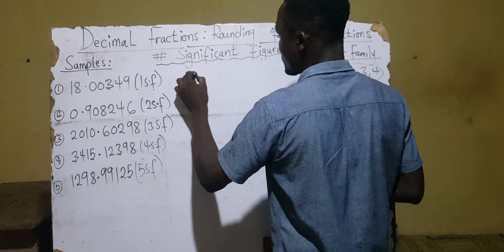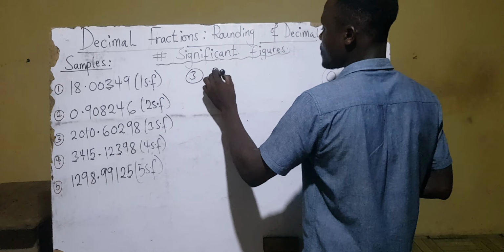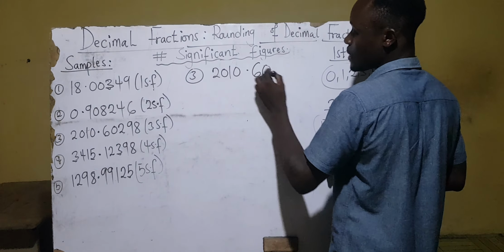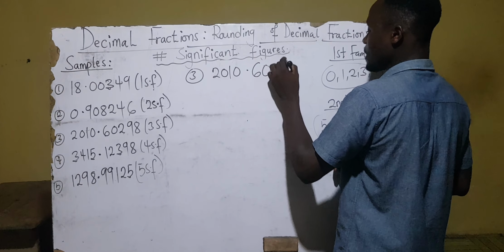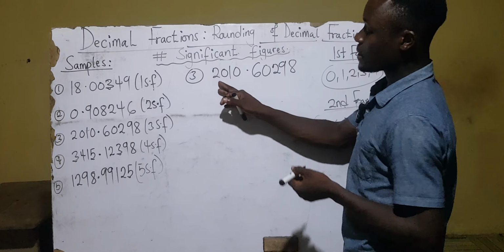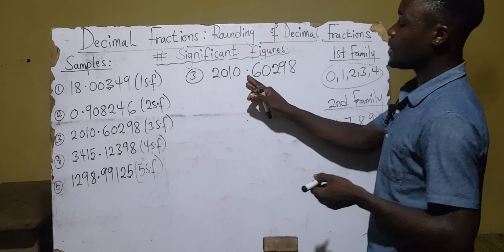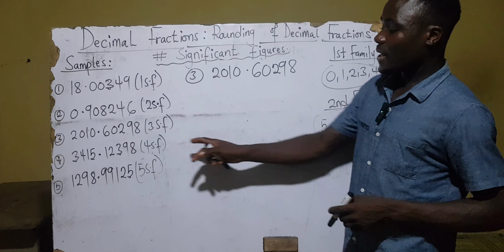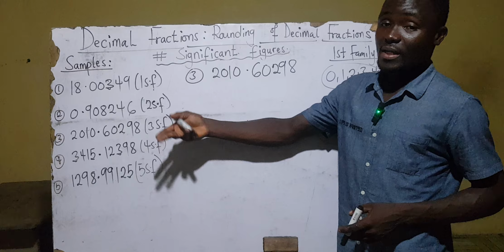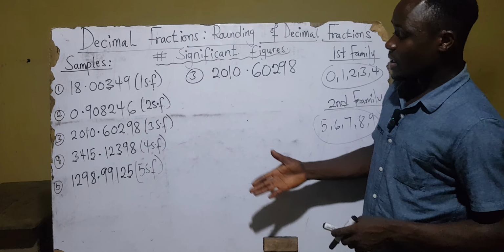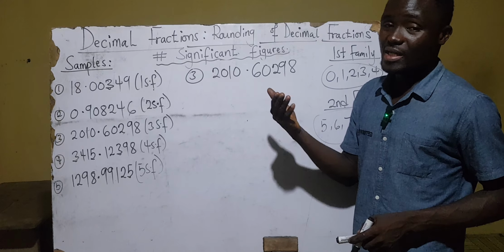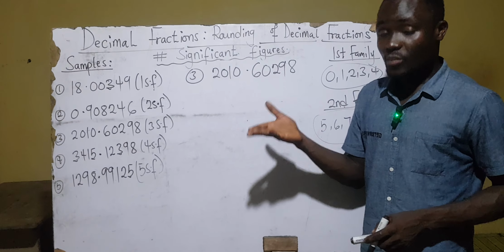Question number 3. We have 2010.60298. That one too, we've been asked to round to 3 significant figures. Now, 3 significant figures means that in the first place, we have to identify the digit that lies within the 3SF position.